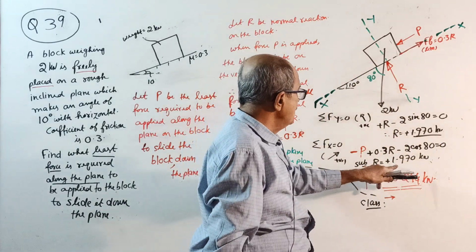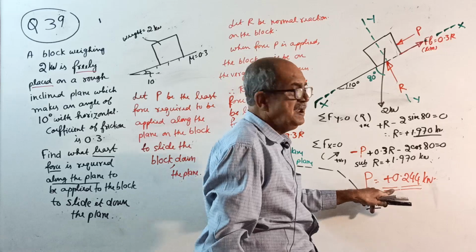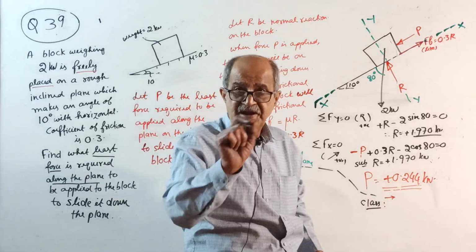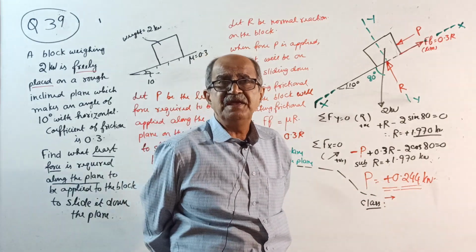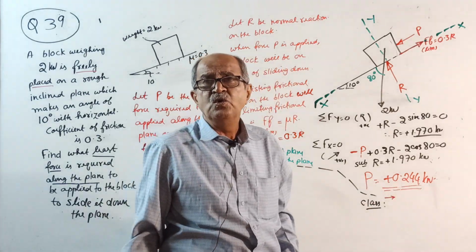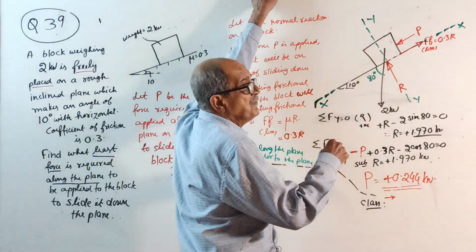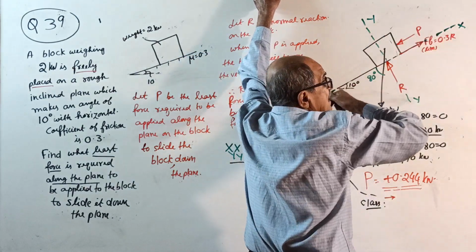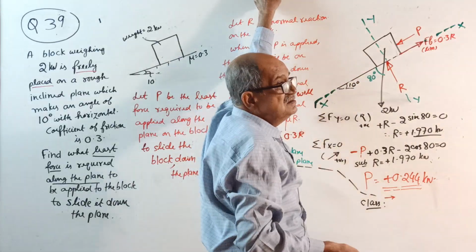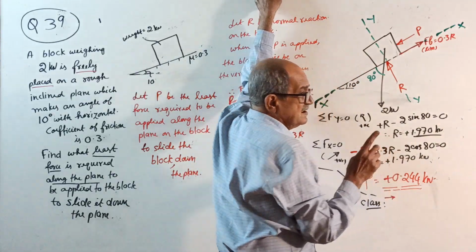Substitute R equals 1.970 kN, your P will come positive. Positive answer came, means correct. You require a force of 0.244 kN to be applied down the plane from that side, or you can apply from here also. Therefore this time correct.